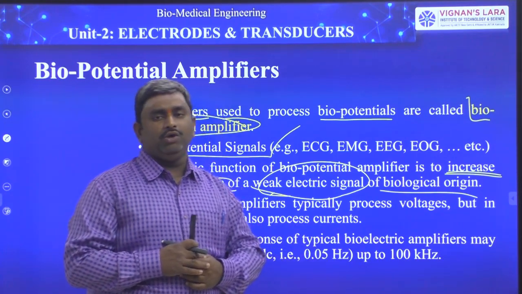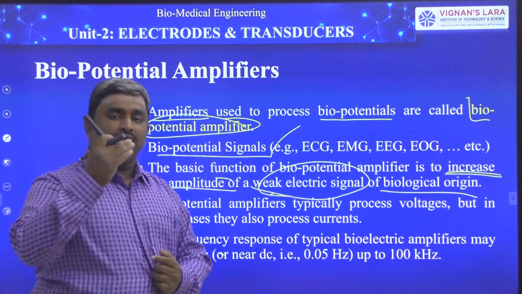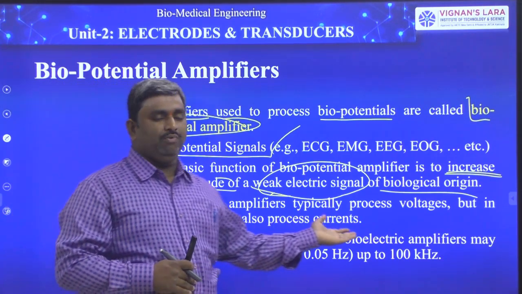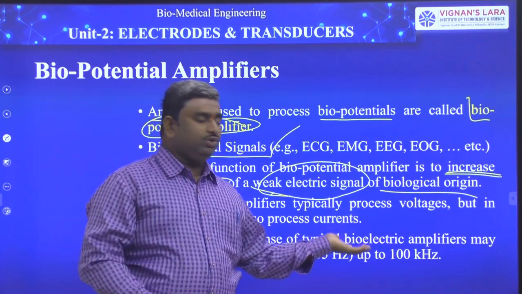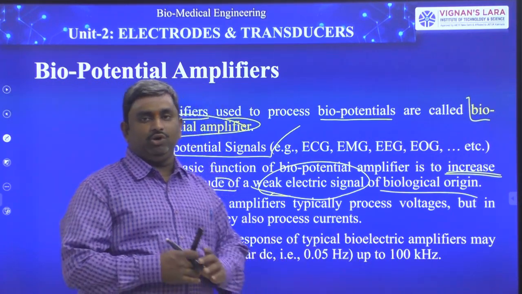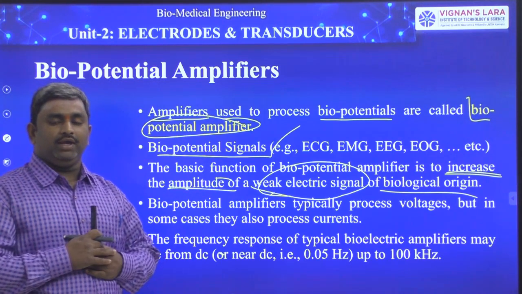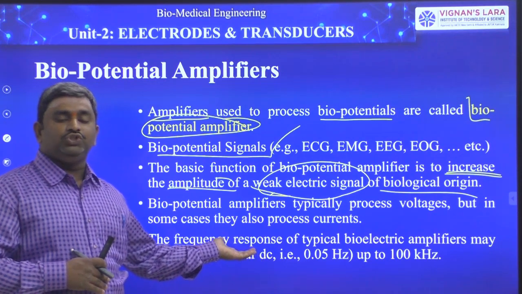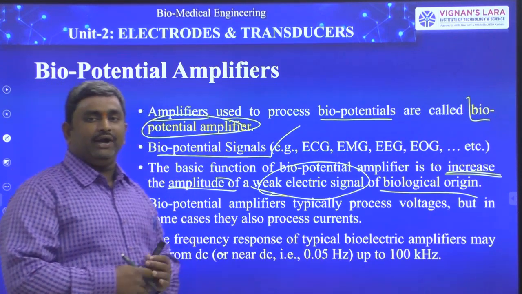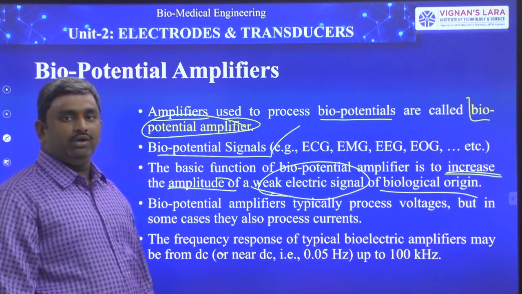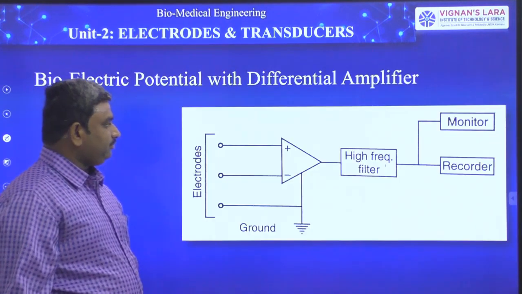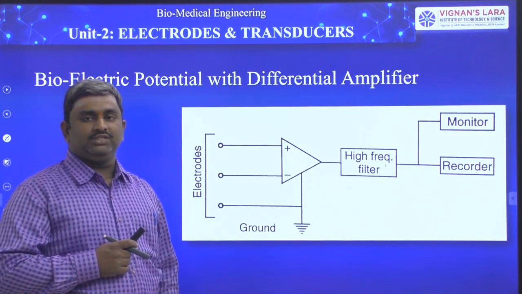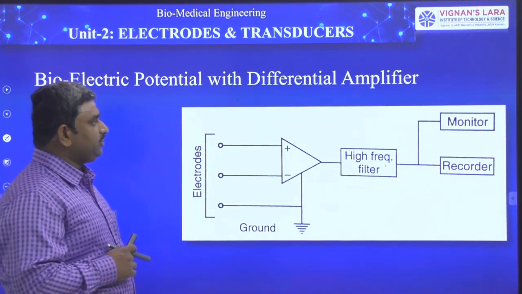Most bioelectric potentials have a frequency of less than 100 Hz only, but in some cases it may be 1 kHz or 2 kHz also. So the maximum frequency is 100 kHz.